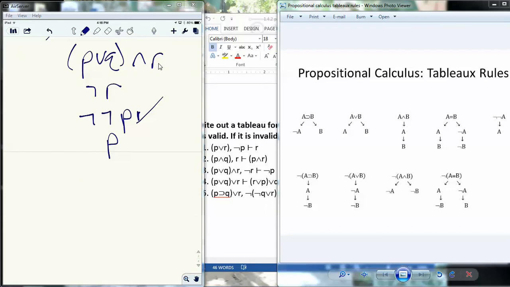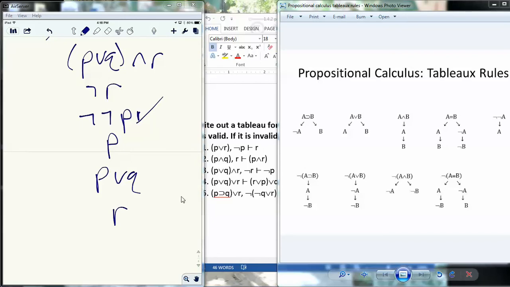This is the AND rule, so that means you write them both, P or Q, R. Now notice right here, I already have a contradiction: R and not R. So I really don't have to go any further.